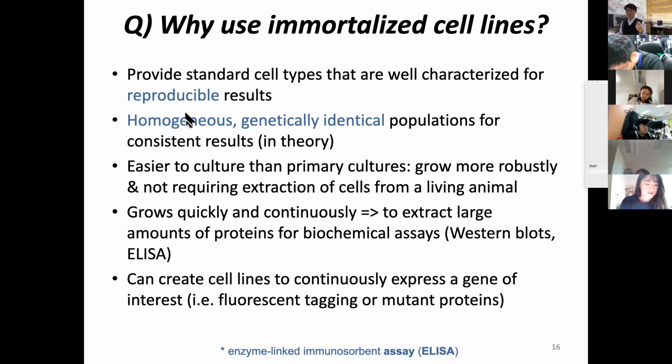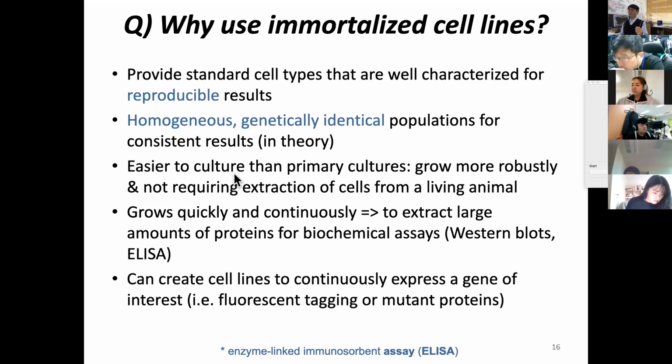So it's easier to reproduce, so the scientific community can share the results and reproduce each other. Homogeneous and genetically identical population for consistent results. In theory, that is the reason, since it's a cell line, it's supposed to be the same. The reality is, if you watch it carefully, it's not perfectly homogeneous. That you have to understand, okay?